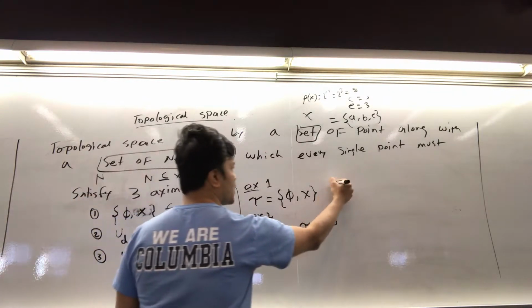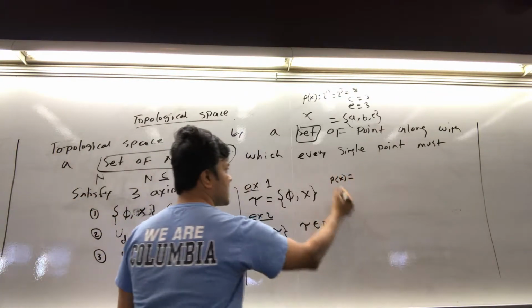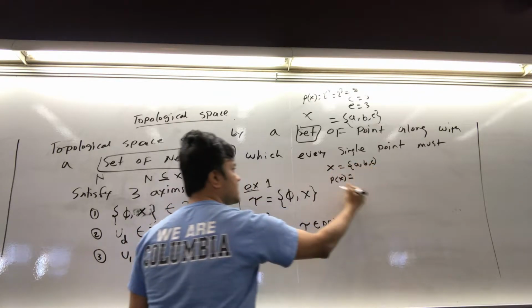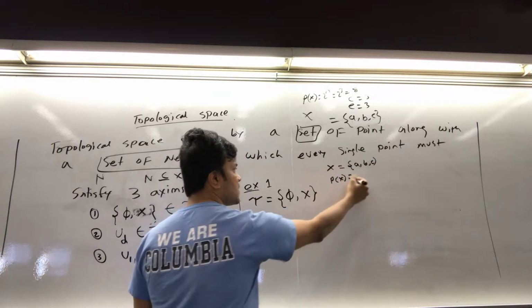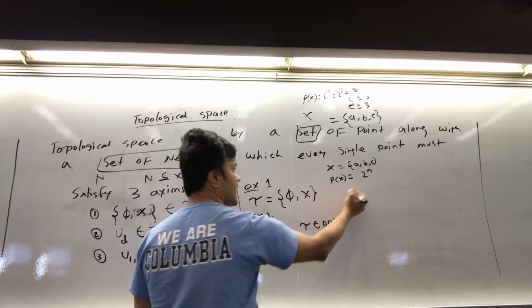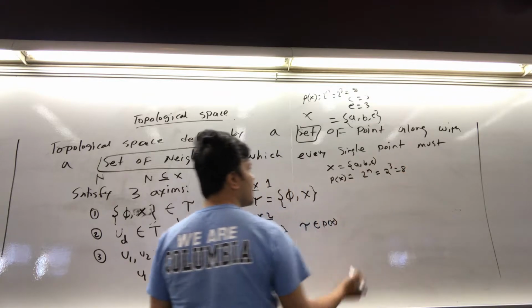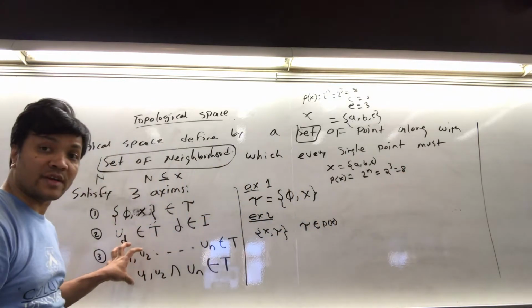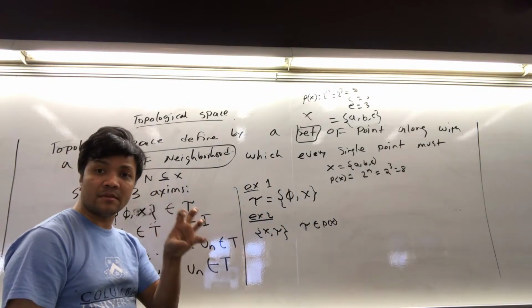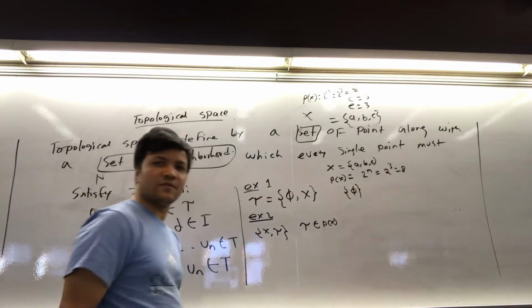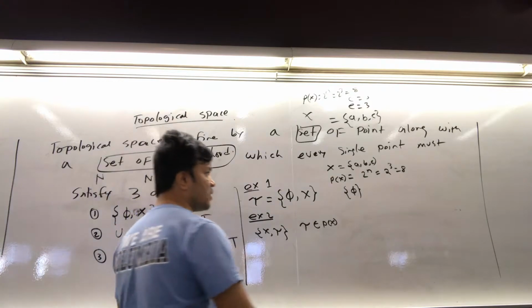So let's talk about the power set. If X has 3 elements, then the power set of X has 2 to the n, which is 2 cubed, 8 elements. How is that? As we explained before, the empty set must be in the set. So the first one is the empty set. What is the second one?